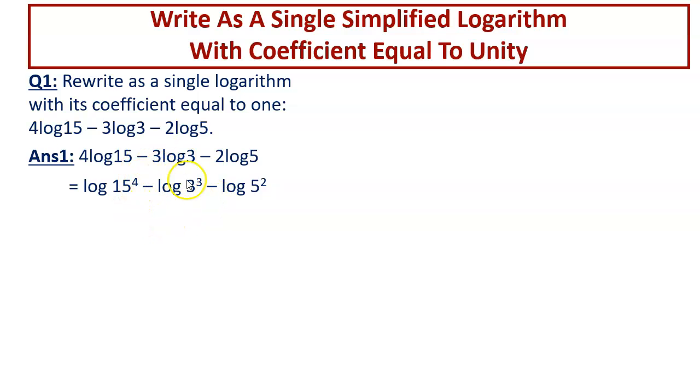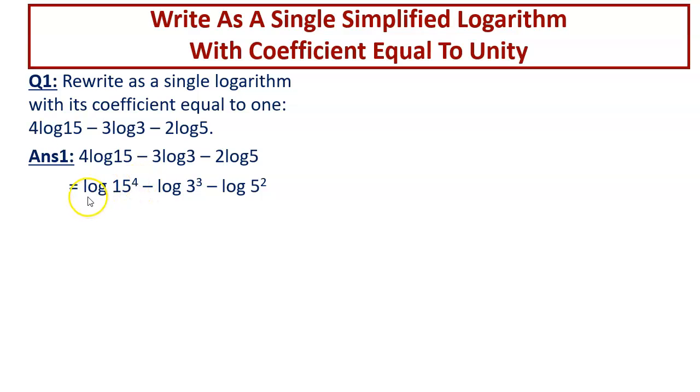So over here we are having the minus sign, so obviously we will be needing the quotient rule. In the product rule or the quotient rule, whichever you take, you will be finding the coefficients of the log terms to be equal to 1. So if you have some other coefficient, the first thing that you have to do before combining is take the coefficients to the power of the argument.